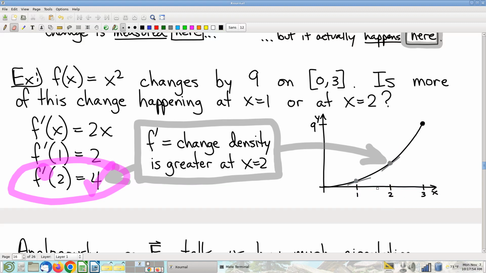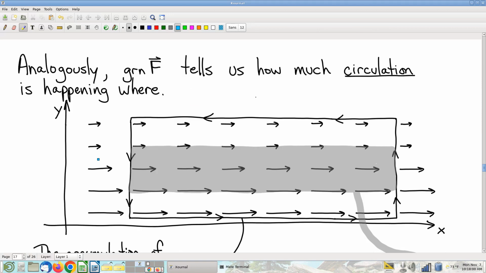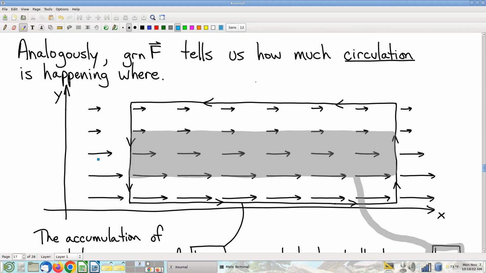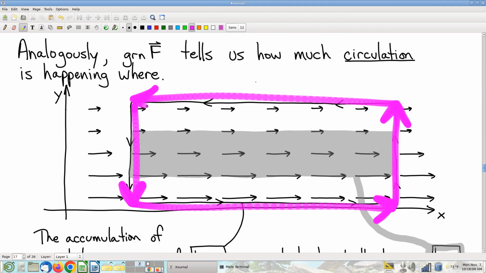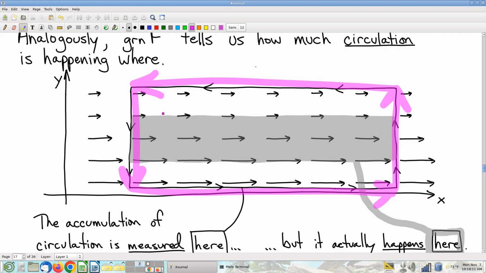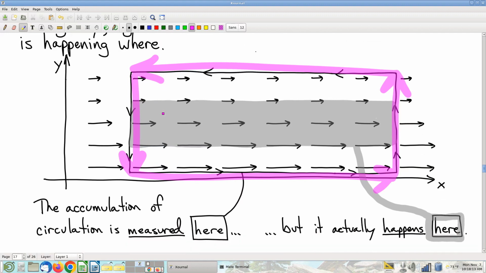Okay, all right. So when I say that the same thing happens with Green's theorem, it shouldn't be too big of a shocker. We've already talked about this, but I want to go through it again real quick. Here's where boundary circulation is detected. That's where we compute circulation. But where did that circulation come from? What's really going on here?